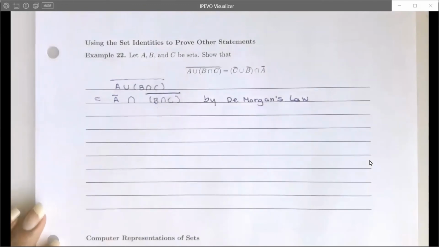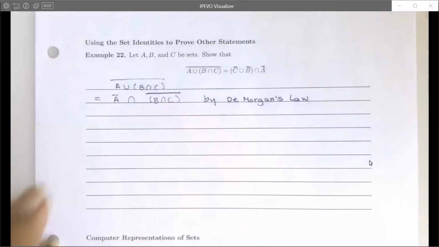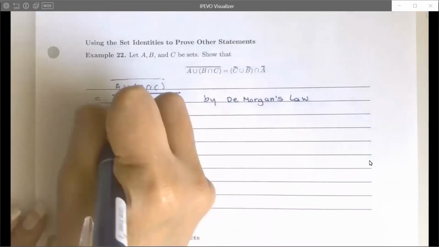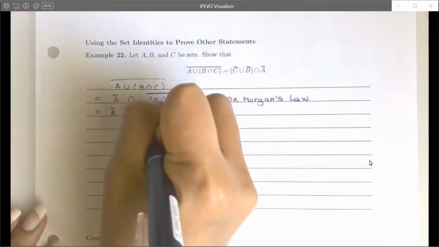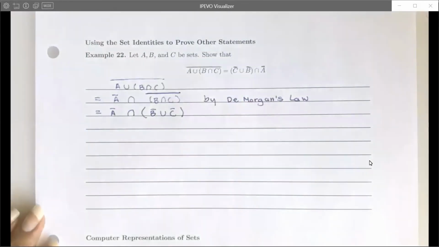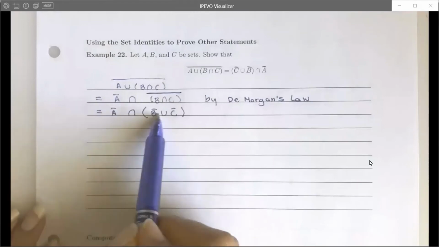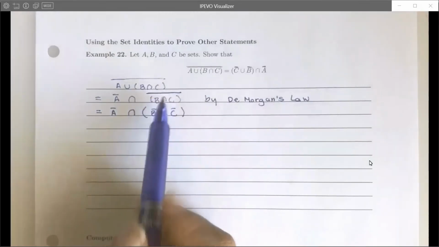Okay, then again, I'm going to focus on just the intersection at this point, the complement with the intersection. That is going to be equal to A complement intersect B complement union C complement. And I still need to keep parentheses around this because the intersection is being applied to the whole expression that results from the complement.